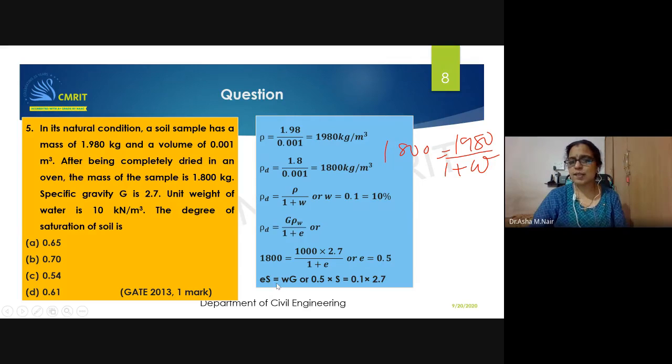Now it is just the substitution: e into S is equal to w into G, or 0.5 into S is equal to 0.1 into 2.7. So what will be the value for S?